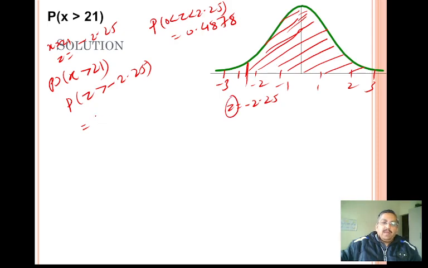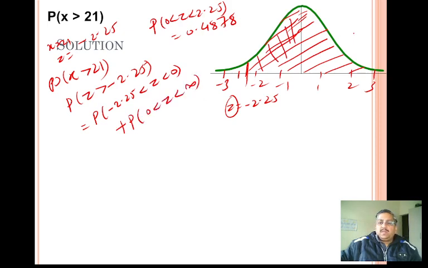Alright, so can we write this situation as the area from minus 2.25 to 0, that means this part first, right? And the second part is probability of z from 0 to plus infinity, that means the entire positive axis, right? We know that the sum of all the areas is equal to 1.